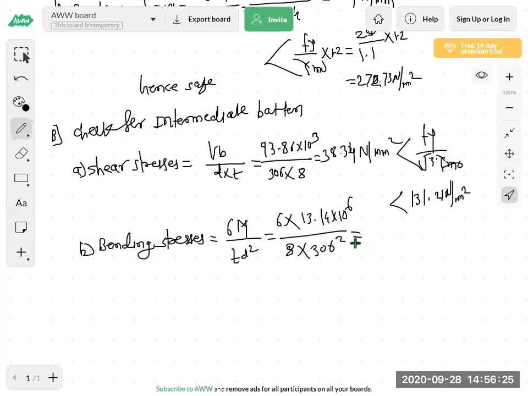So tell me the bending stress coming in the intermediate batten. 105.25. Correct.